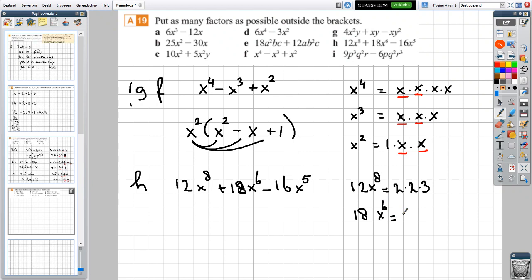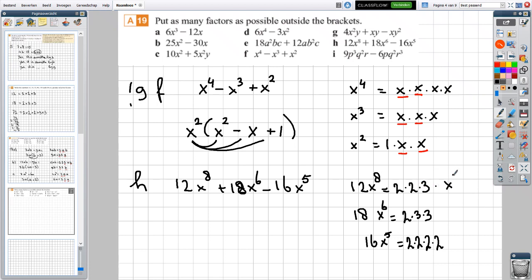So here, 18 is going to be 2 times 3 times 3. And 16 is going to be 2 times 2 times 2 times 2. Now I already see x to the power of 5 here, x to the power of 6 here, and x to the power of 8 here. I would write it down like this.